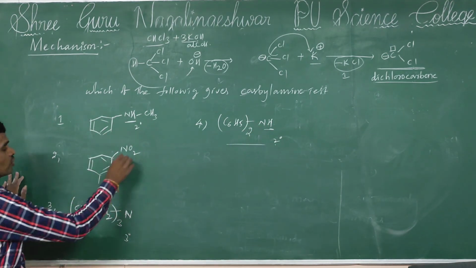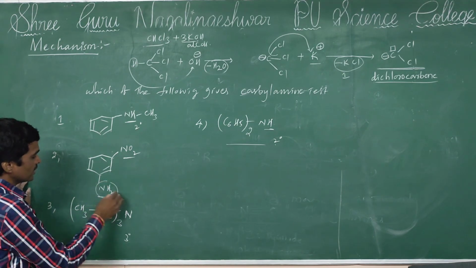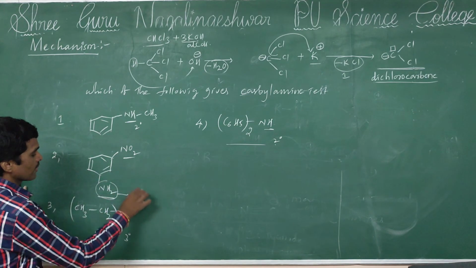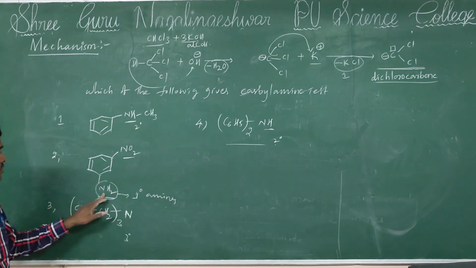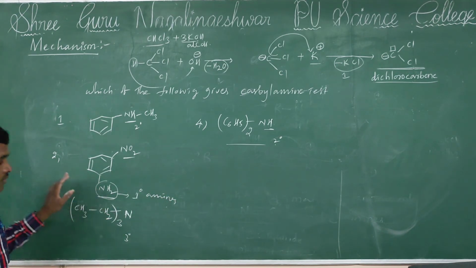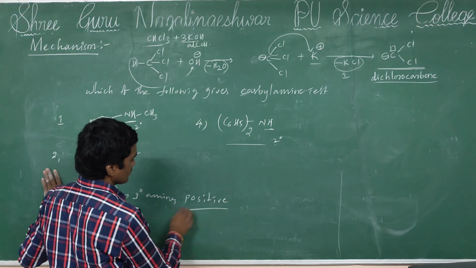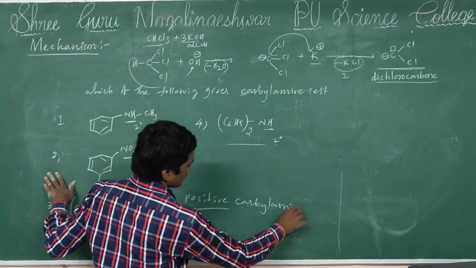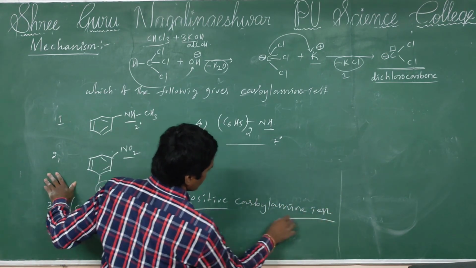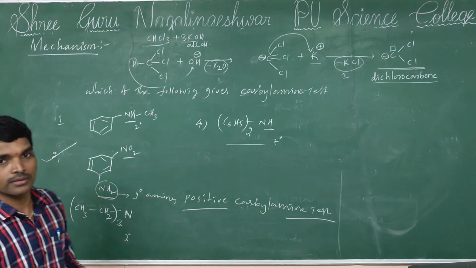In one option, an NO2 group is there as well as an NH2 group. The NH2 group is a primary amine, so it gives the positive carbylamine test. So your option is the second one.